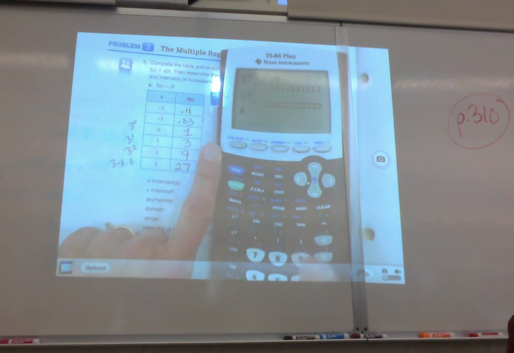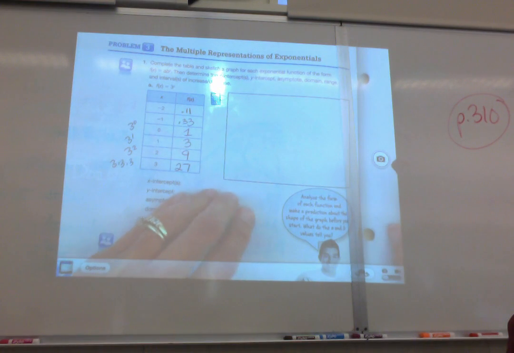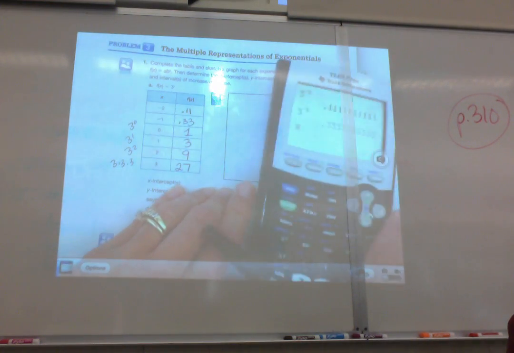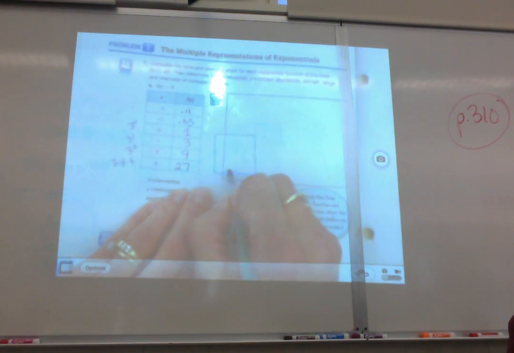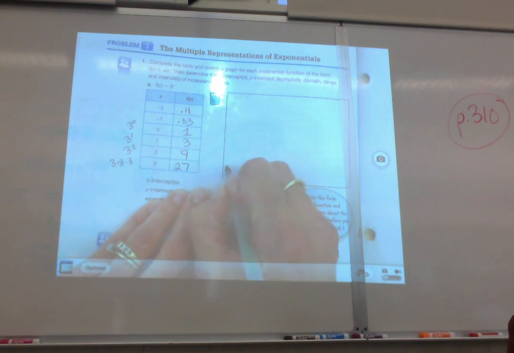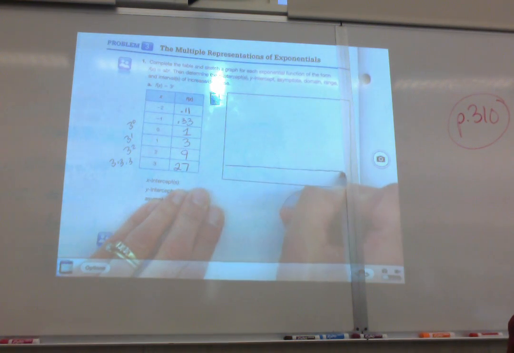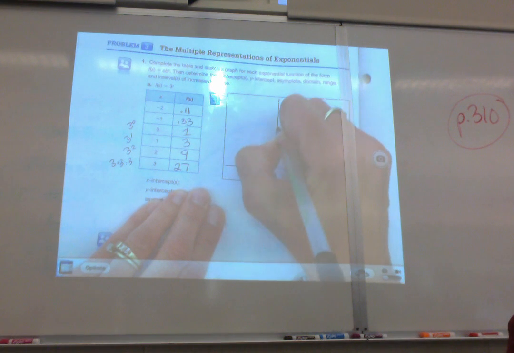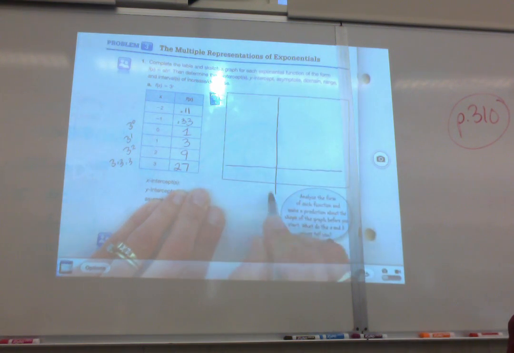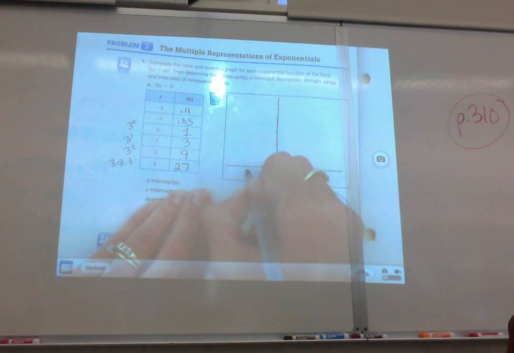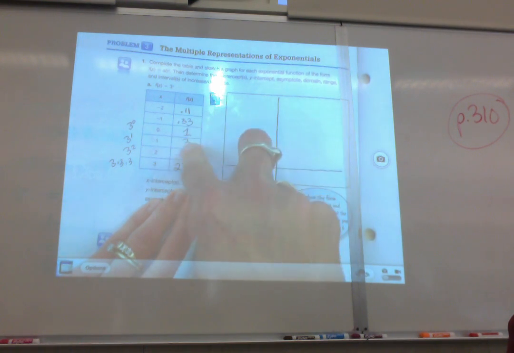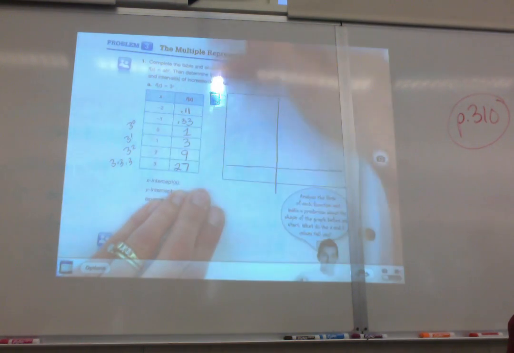Let's see about... It's going to be exponential. If I wanted to freestyle by hand, I'm going to go like this, and my x's need to get, I don't know why I didn't put more down below. Hopefully that works for us, but I see all these big, huge numbers, so I think I just need the top.